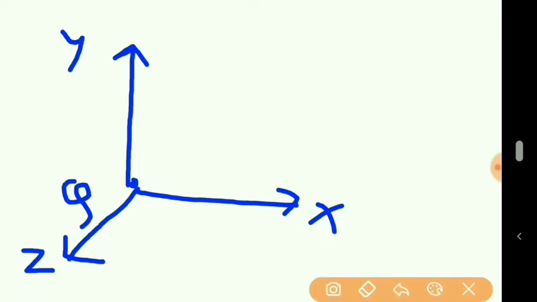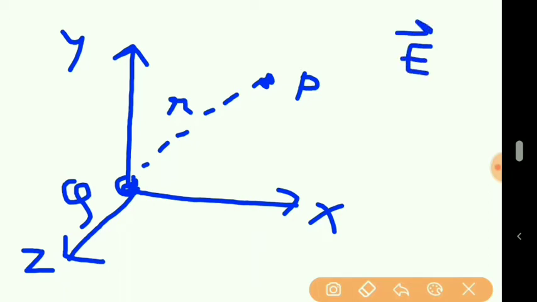Now if I select any point P at distance r, then we know that at this point, due to this charge capital Q, there is an electric field E. Here there is an electric field.